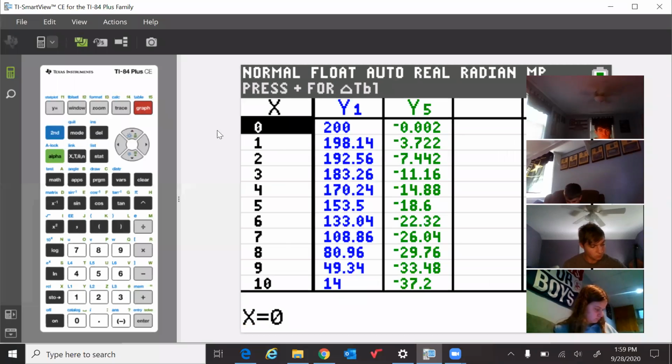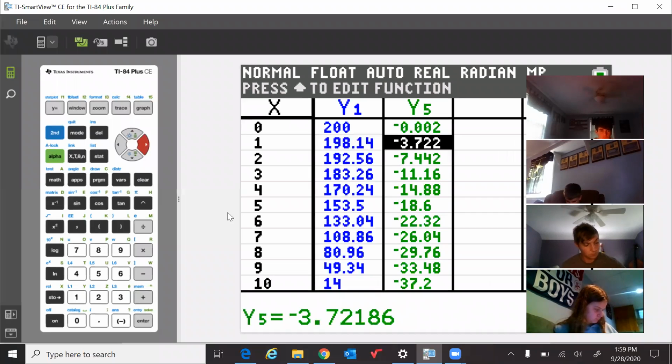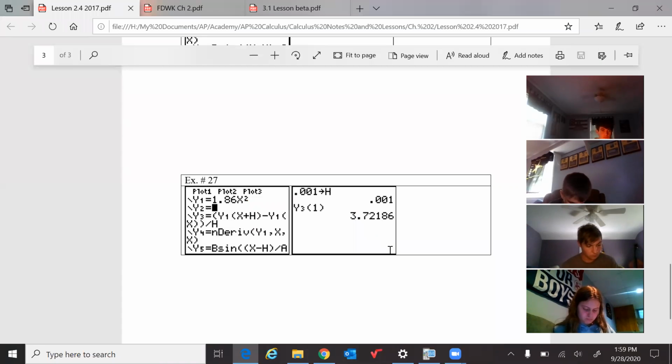Second graph. After 1 second, because I made that negative, I'm getting a negative velocity. And what they're looking for in the book, they weren't considering it to be negative, but they were measuring how far it fell. You would get the same absolute value. Okay?